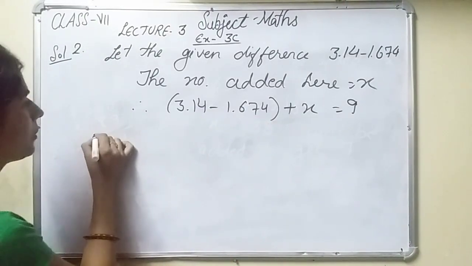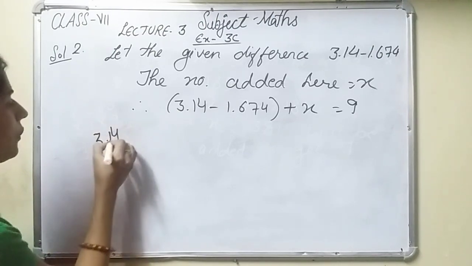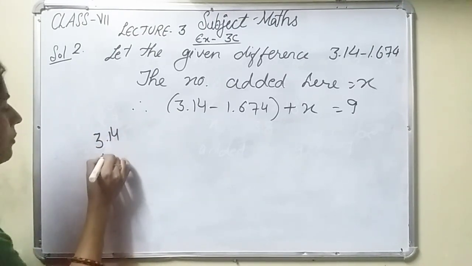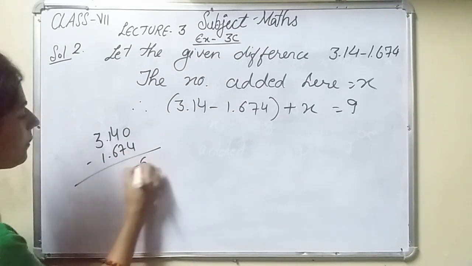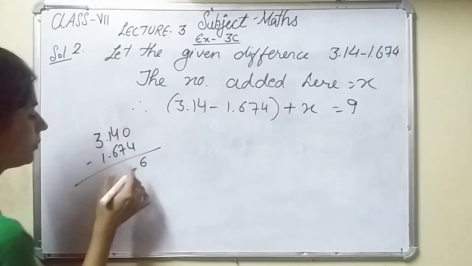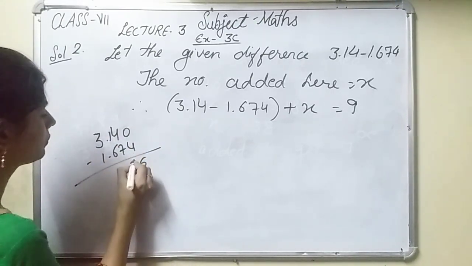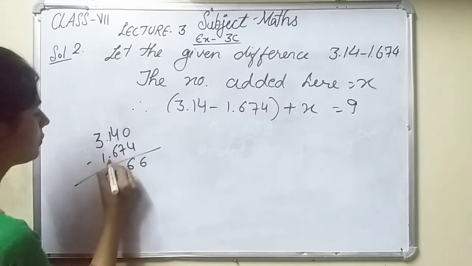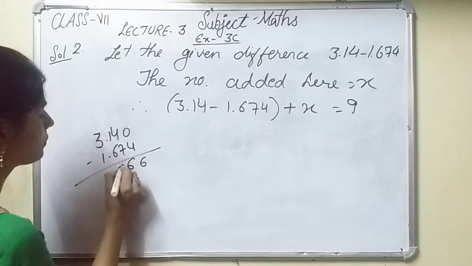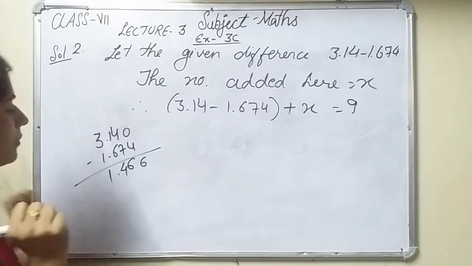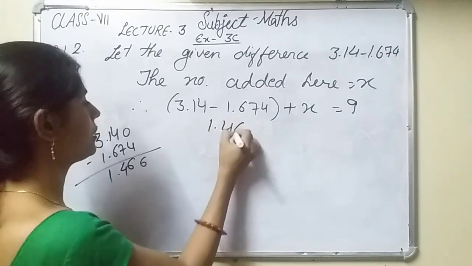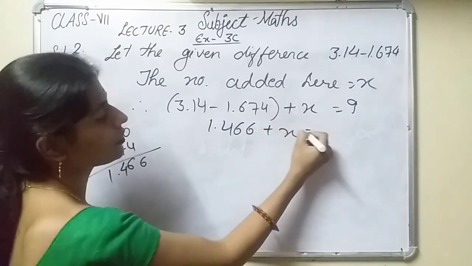So 3.14 minus 1.674 is 1.466, plus x is equal to 9.